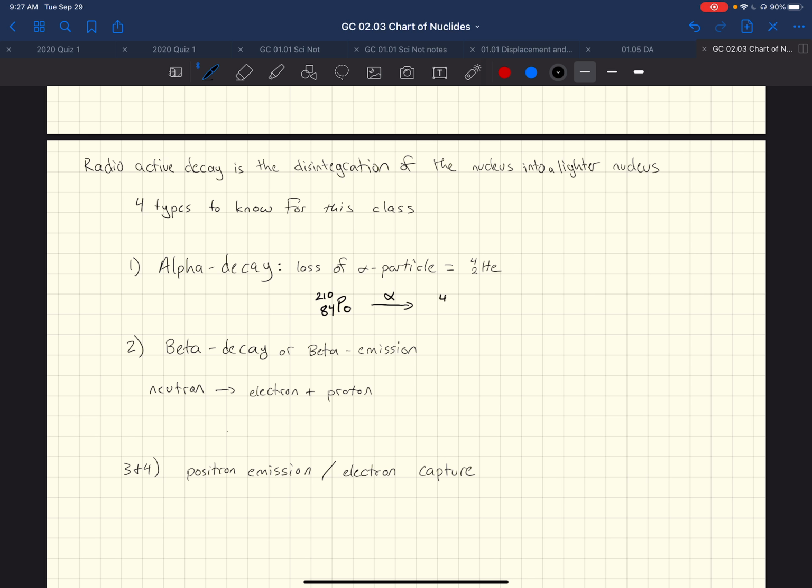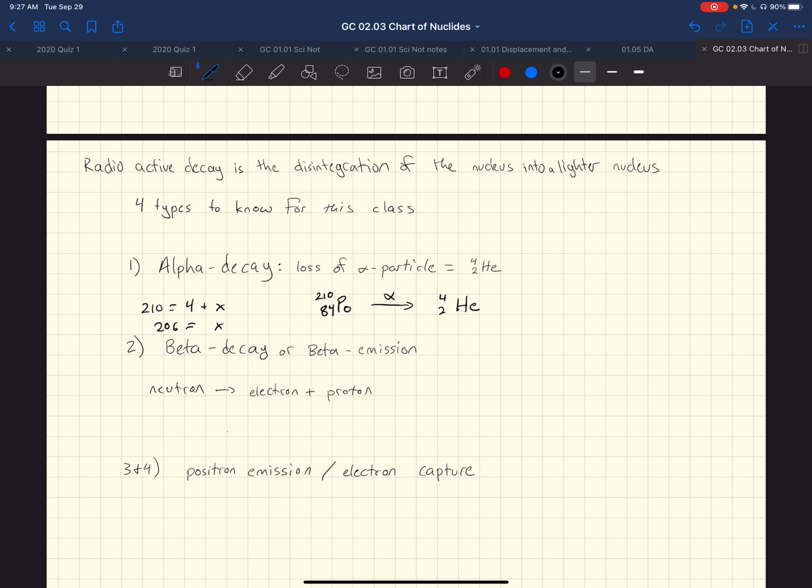And that's going to lose that alpha particle, that helium nucleus. Now I have to figure out what's left. So I can do 210 equals 4 plus x. All right, and in that case, x is going to equal 206.